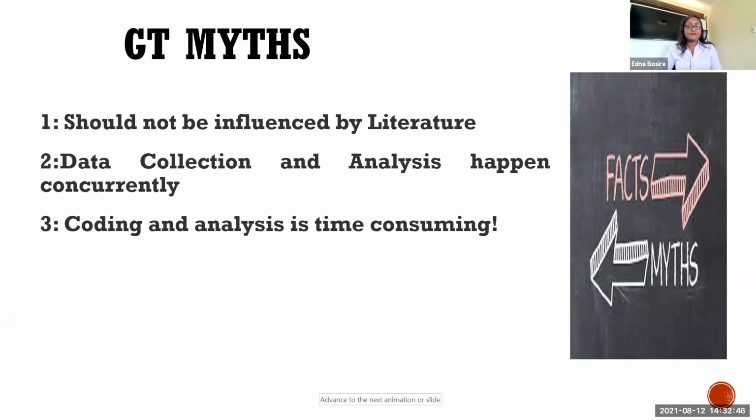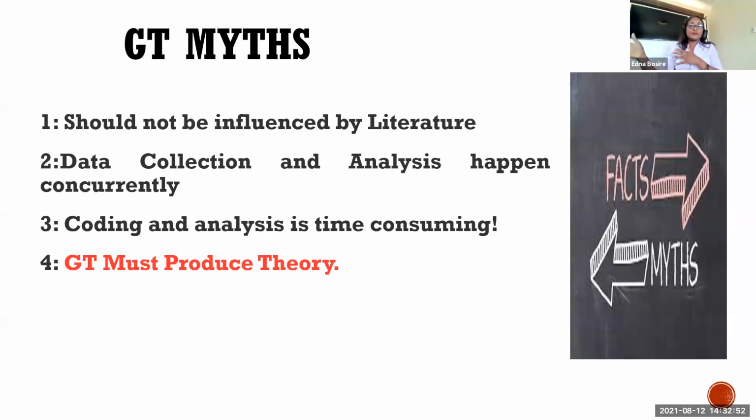Lastly, the last myth is that grounded theory must produce a theory. Remember when I showed you the process, at the end we see a theory being produced. And these statements can be quite intimidating, especially to new researchers or people who are inexperienced in using this kind of approach. Truly, researchers are encouraged to go through the whole process and come up with a theory.